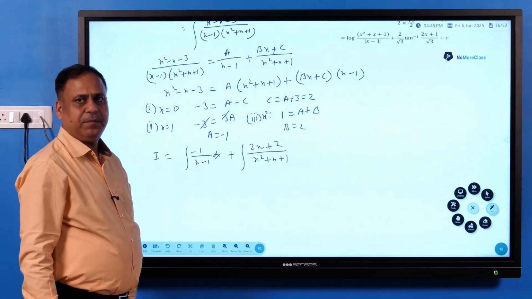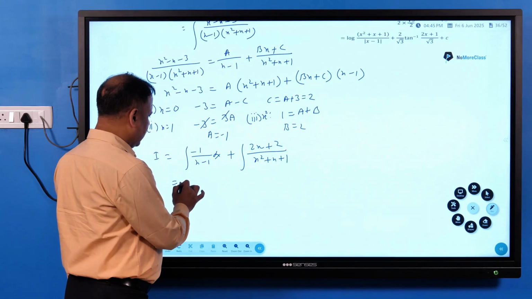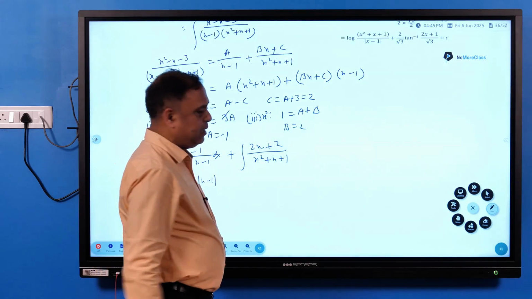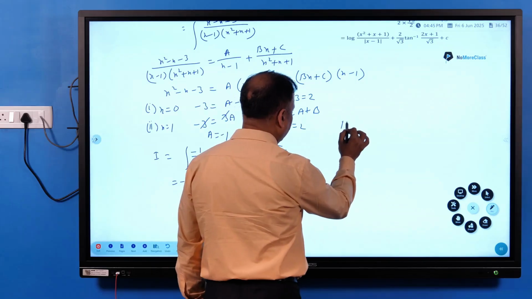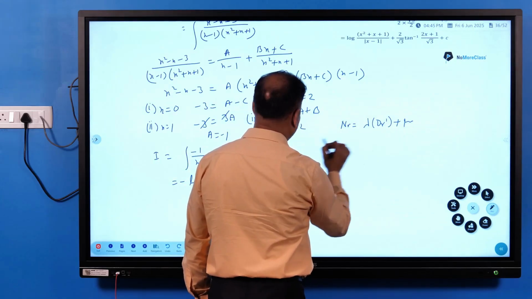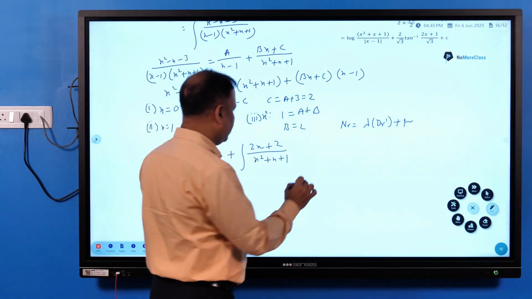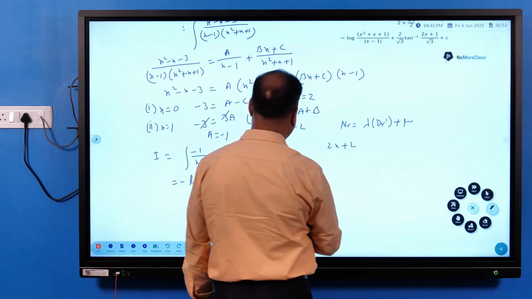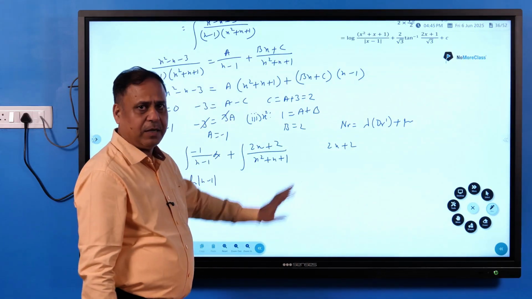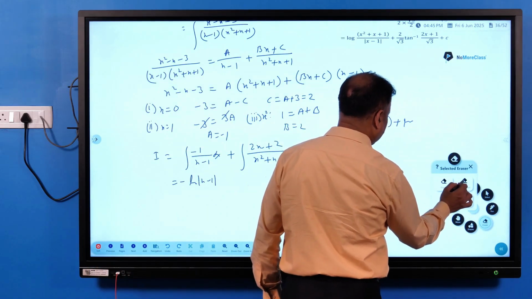Linear upon quadratic: a simple method I will explain by which you can always solve them. Minus is outside, so minus log|x - 1|. The method here is that numerator equals lambda times the derivative of the denominator plus mu. Numerator is 2x + 2; you can also do it by observation, 2x + 1.